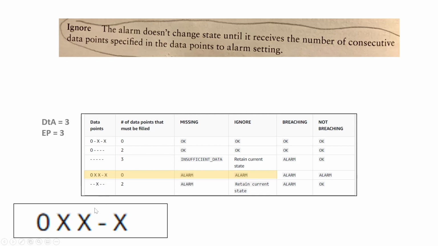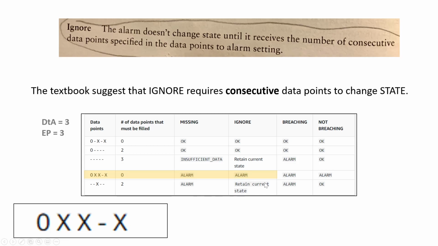So we've got 3 breaches, but they're non-consecutive. And it's gone to alarm, and that presumably means it's changed state, and that makes sense. But yeah, they're not consecutive.